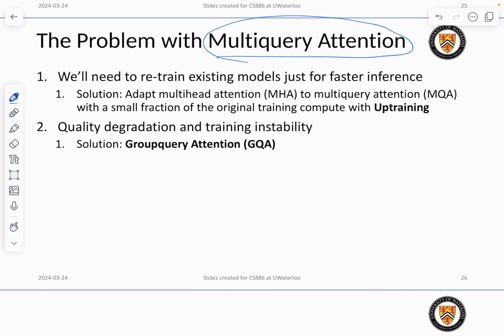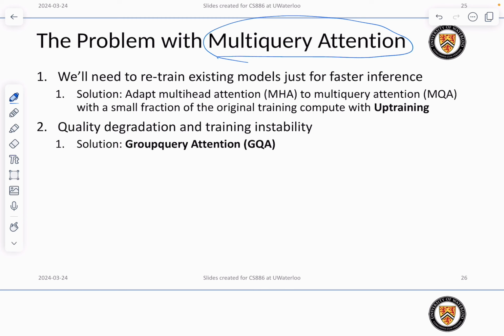But when you started training the model, you used multi-head attention. So what are you going to do now? Are you going to train the model from scratch and spend another $1 billion on the training, or is there a faster way to adapt your existing model to multi-query attention so it's faster during inference?